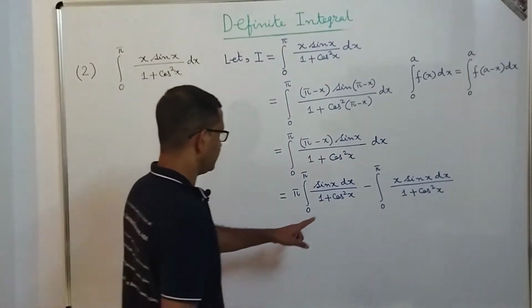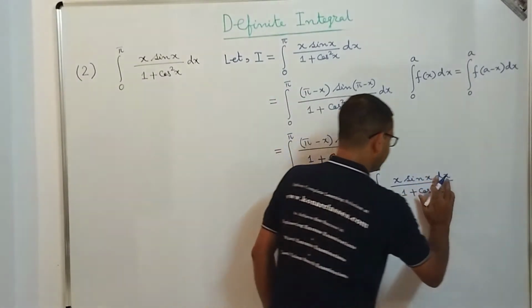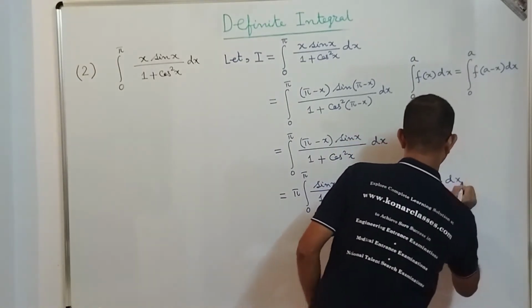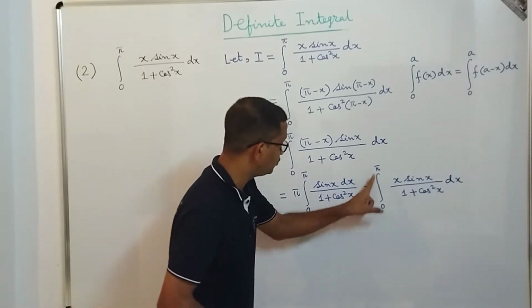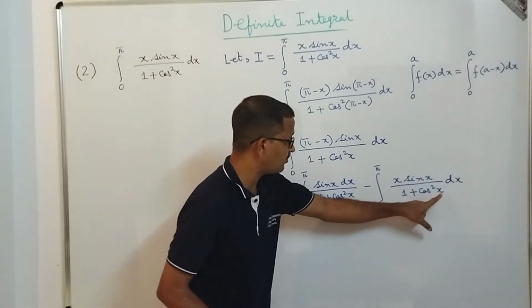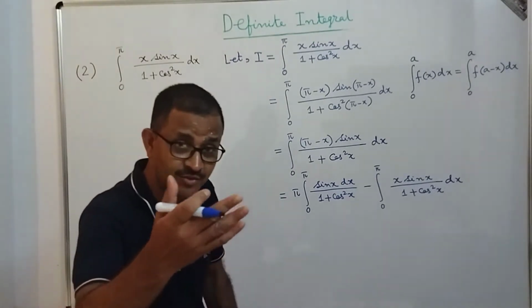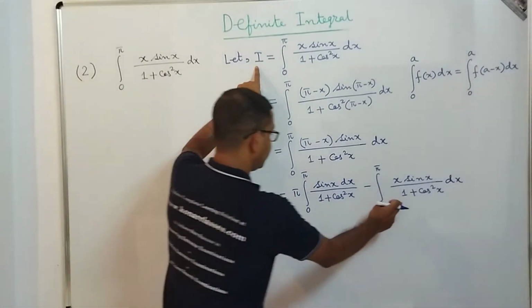Okay. So now this x sin x dx, the dx placement is just a matter of representation. If you look at 0 to pi x sin x by 1 plus cos square x dx, it is nothing but I. So this is one technique, this is the way to solve. So this is nothing but I.